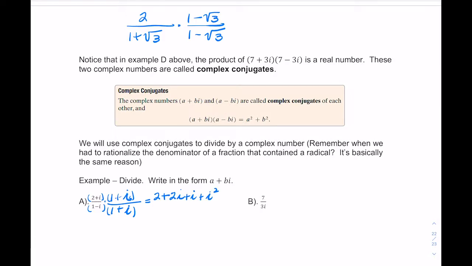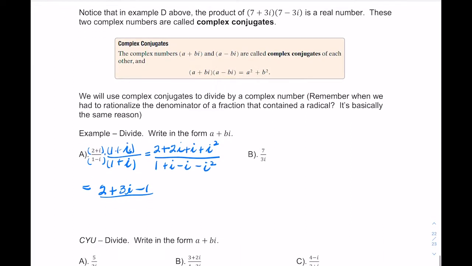And in the denominator, you're going to have 1 times 1, 1 times i, negative i times 1, and negative i times i. And if I look at the top part, I would have 2 plus 2i plus i, and then remember i squared turns to a negative 1.